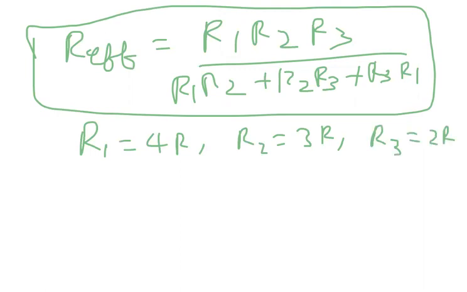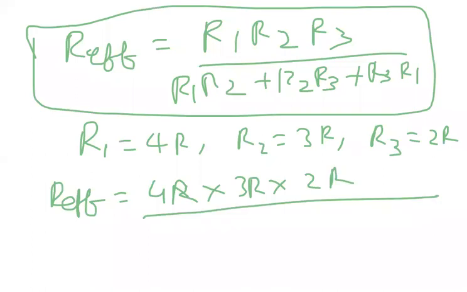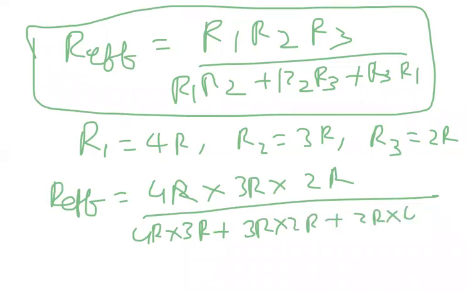If you substitute in the formula, you will get the answer: 4R into 3R into 2R by 4R into 3R plus 3R into 2R plus 2R into 4R. Everywhere R's and 2R's will be cancelled, numerator and denominator.